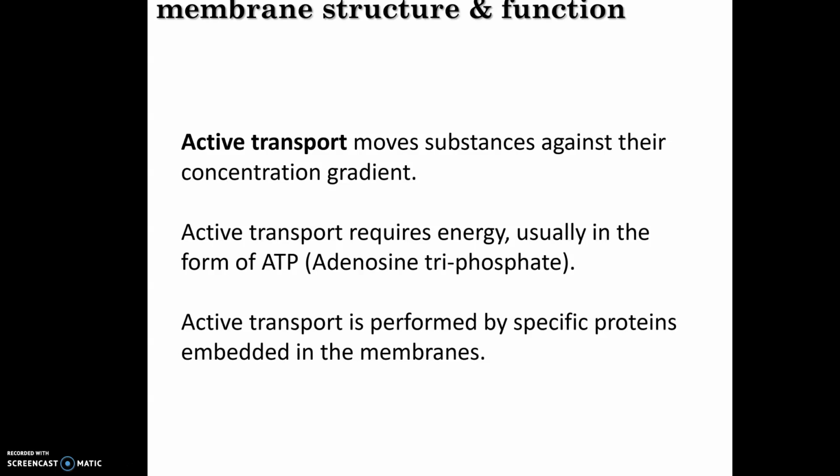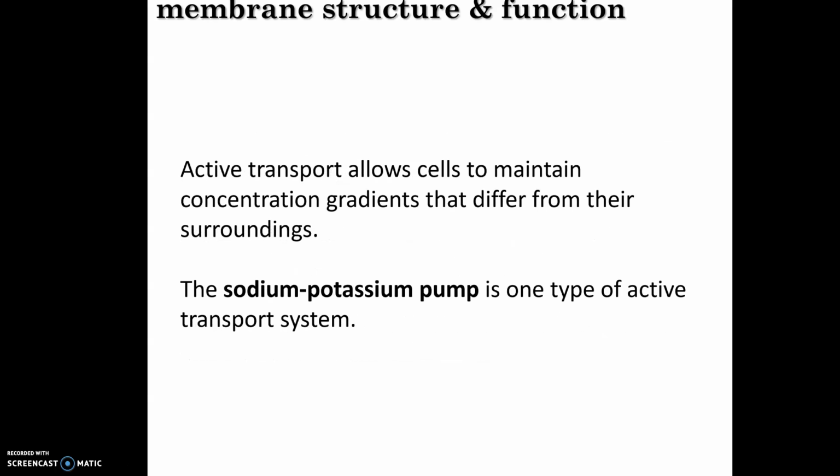Active transport is performed by very specific proteins embedded in the membranes. A lot of your carrier proteins are also going to be able to do active transport, but none of your channel proteins will be able to do this. Active transport allows cells to maintain concentration gradients that differ from their surroundings.